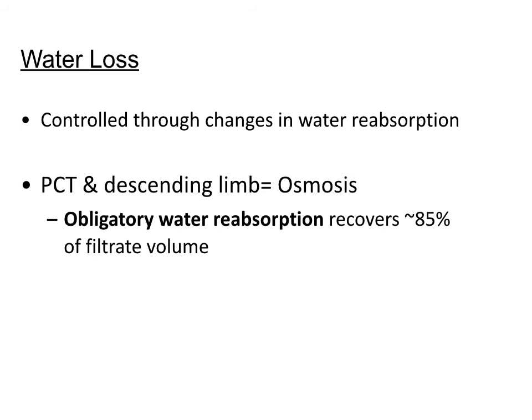Overall, obligatory water reabsorption recovers 85% of the filtered water. Now remember, the proximal convoluted tubule itself is reabsorbing 60 to 70%, so the PCT is still doing most of this work.